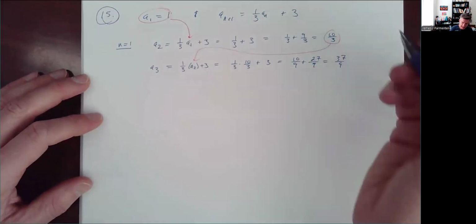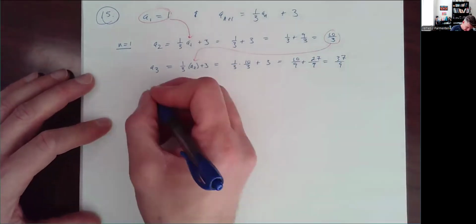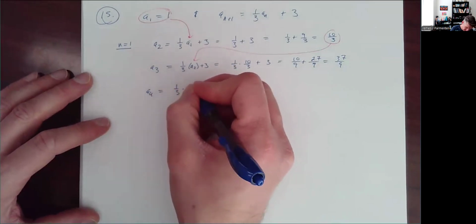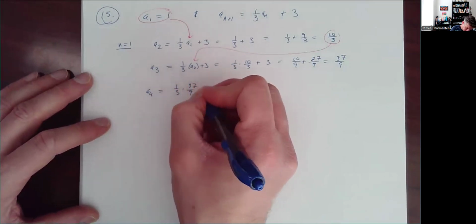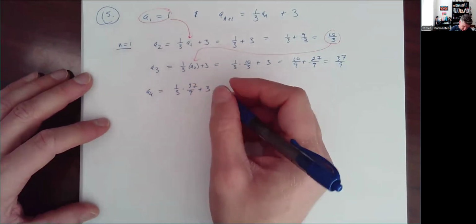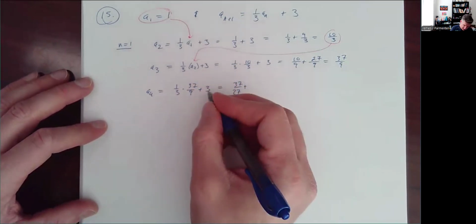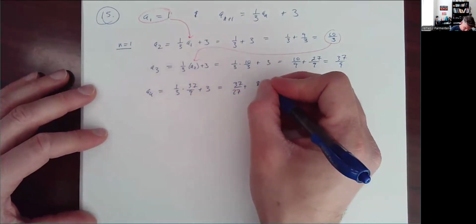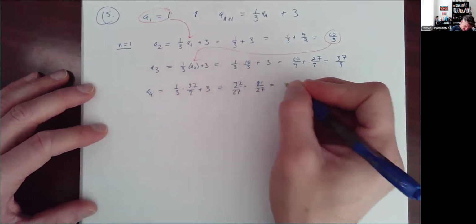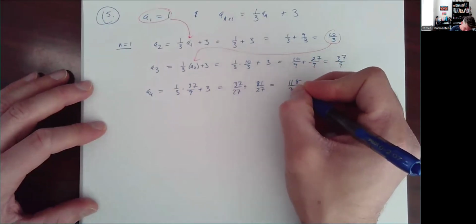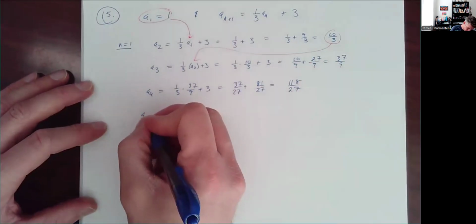I don't see a pattern yet. Let's do a couple more. So a sub 4 is going to be 1/3 times 37/9 plus 3, which is going to be, all right, let's see, 37/27 and 3 is 81/27. That's going to be 118 over 27. One more.